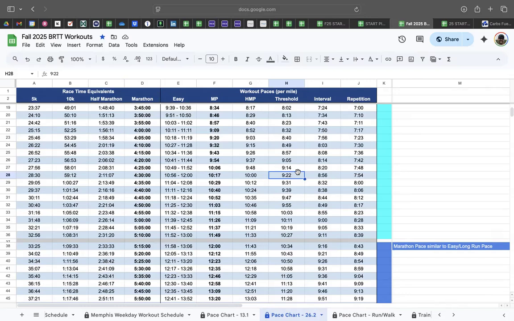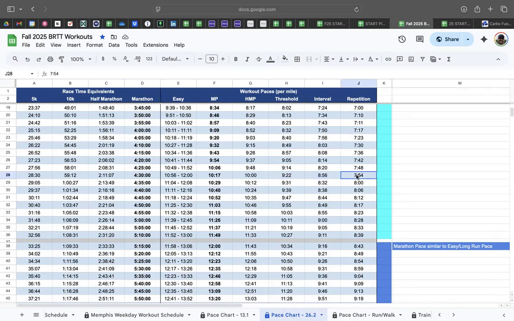But after doing it for 40 plus minutes, it's going to get really uncomfortable. But our training plan calls for doing this in shorter bouts, often from 5 minutes to 10 minutes in length, periodically longer. And so your threshold pace would be 9:22 per mile. And it doesn't have to be exact. So you'd want to be in the range of that, somewhere in the 9:15 to 9:30 per mile ballpark.